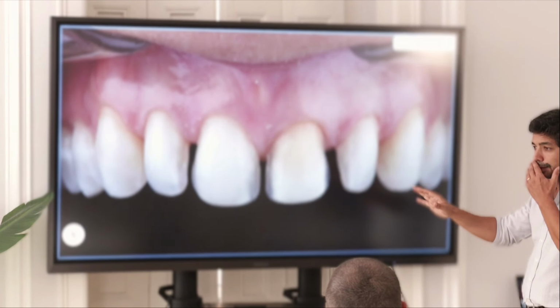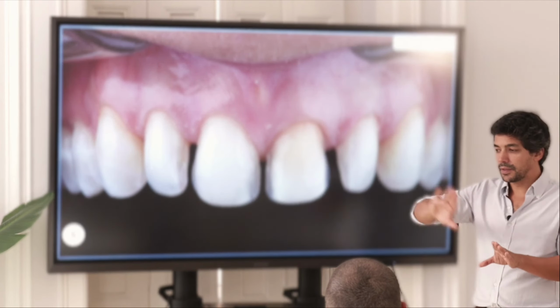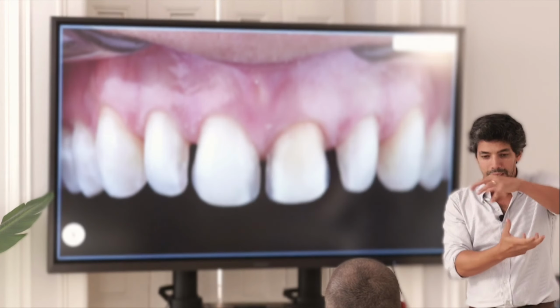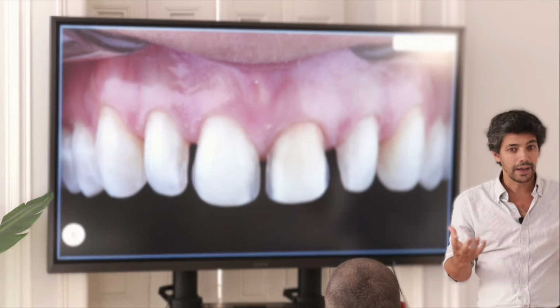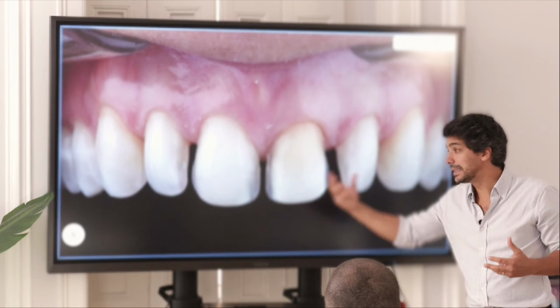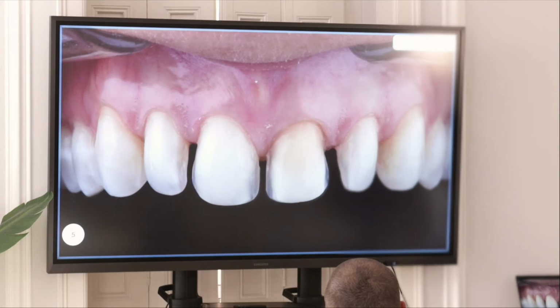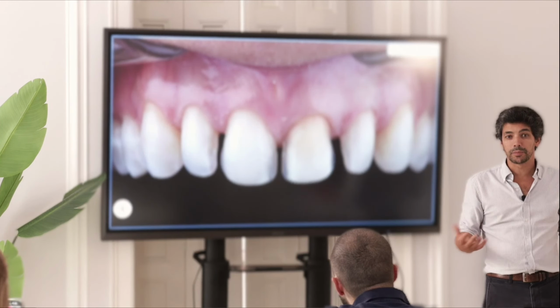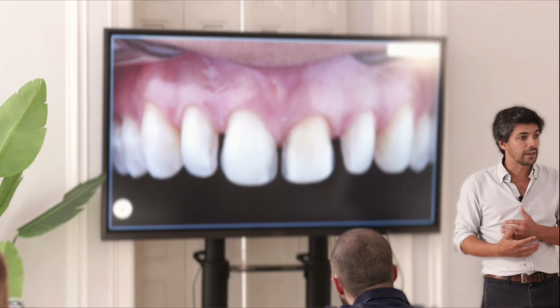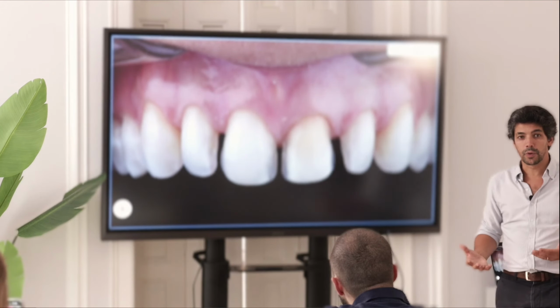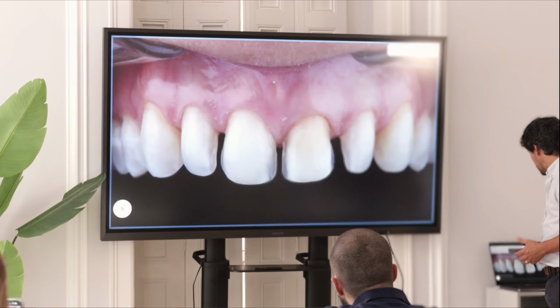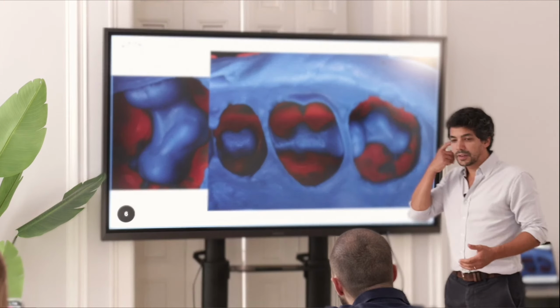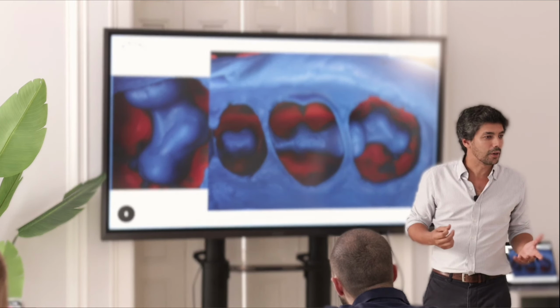So this is how much the digital and playing around with a file can lead you to a good treatment and a good guidance. Of course, we know that from implantology and how much implantology has grown and evolved with digital. Okay?